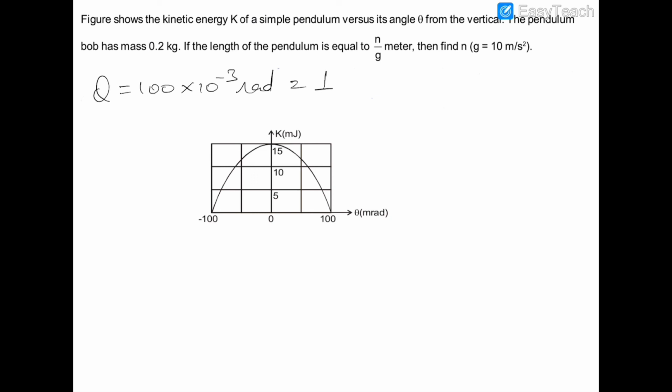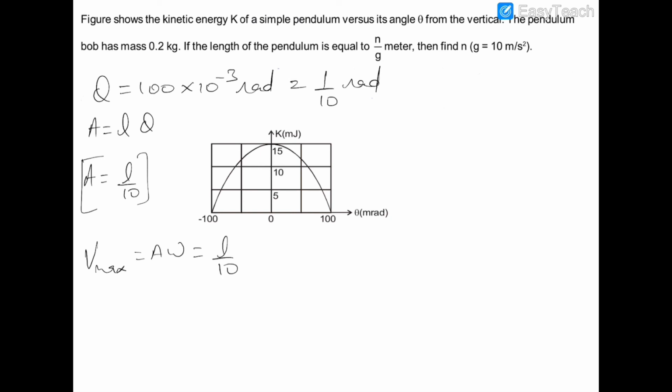So this is 1 by 10 radians, and therefore the linear amplitude will be L into theta. So A will be equal to L by 10, and the maximum velocity will be equal to A omega, where A is L by 10 and omega is under root of g by L.